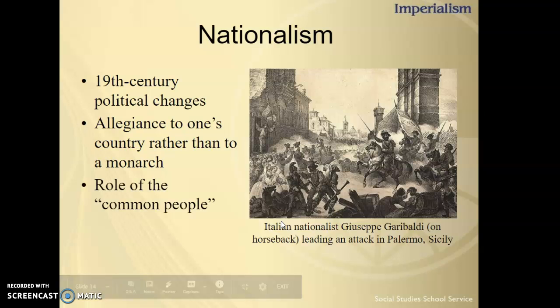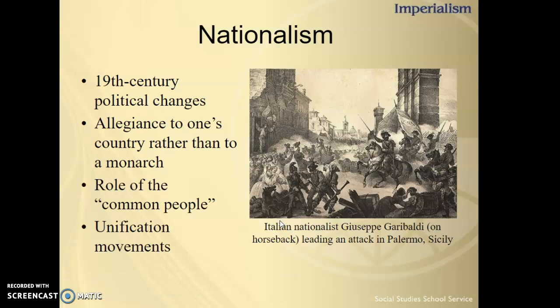Now, another motive, which you saw when you did your timelines on the unification of Italy and Germany, is nationalism. In the 1800s, you start to see a change where people's allegiance is not to a monarch necessarily, but rather to their country, and the role of the common people.